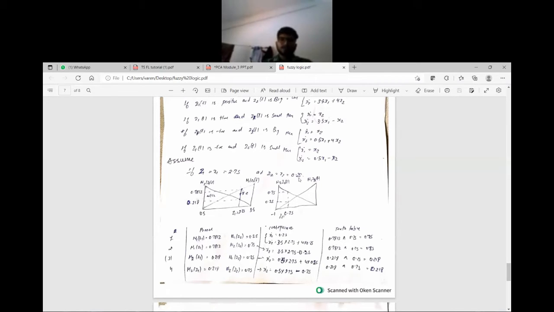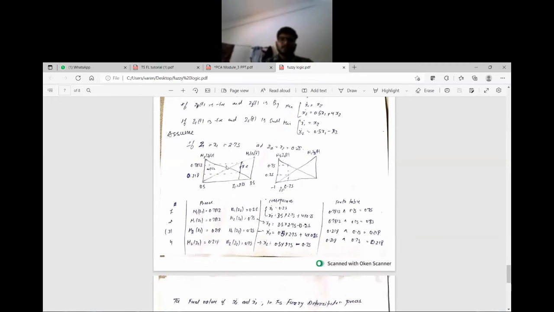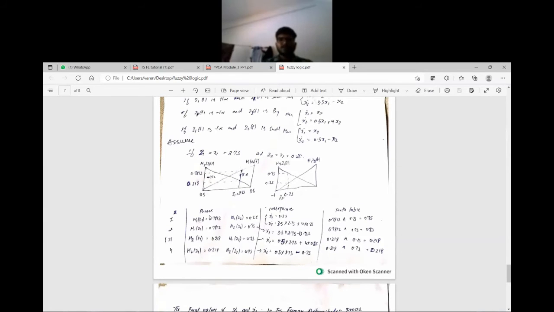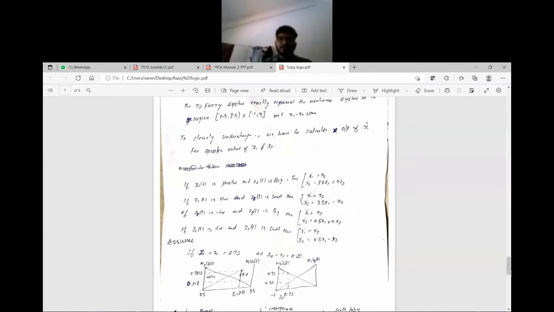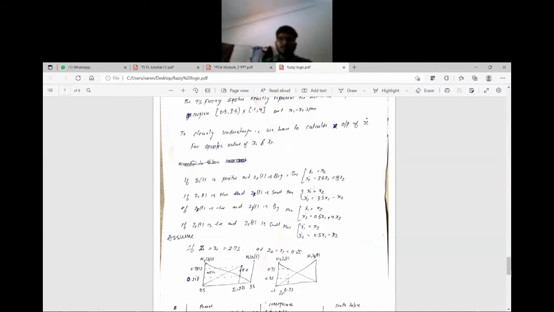So for m1 z1 at 2.75 we have value 0.718, and for m2 we have 0.218. Here for n1 z2 the value is 0.25, and n2 z1 value is 0.5 and n2 z2 value is 0.75. We have assigned these based on the rules.